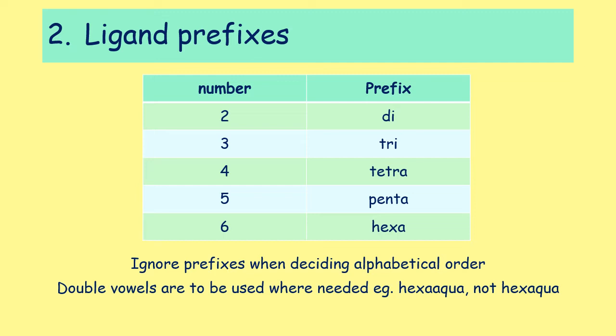So if we have more than one of a type of ligand within it, we need to denote that. And what we do is we add a prefix in front of the name of the ligand. So 2 is di, 3 is tri, 4 is tetra, 5 is penta, and 6 is hexa. Now what you need to notice here is 2 is di inside a ligand.